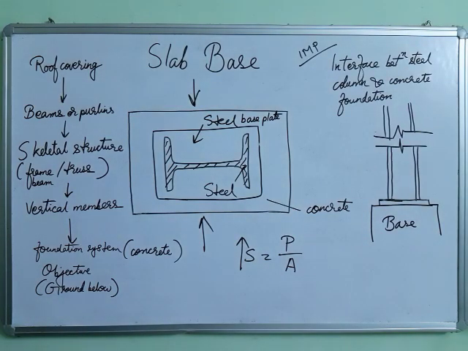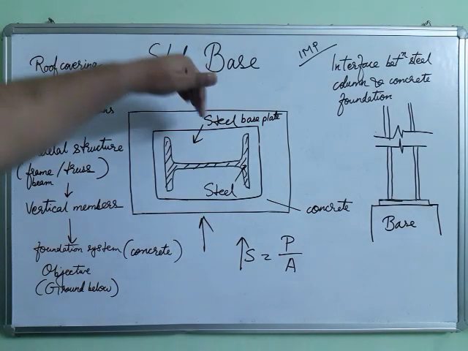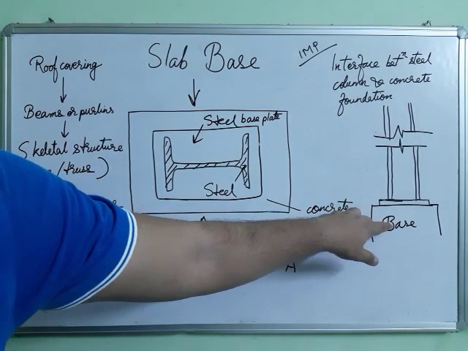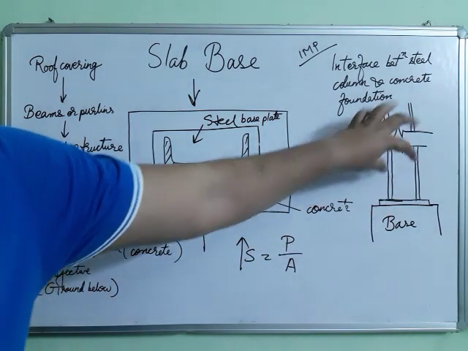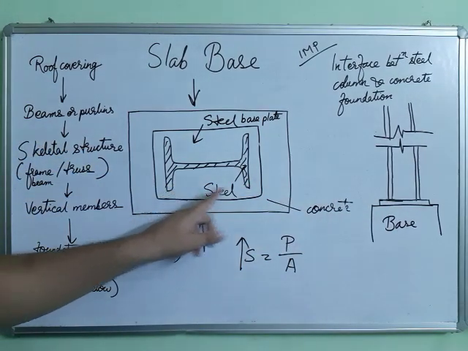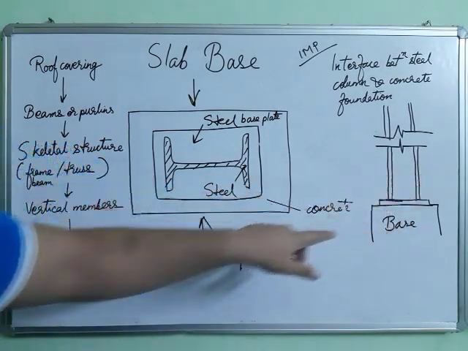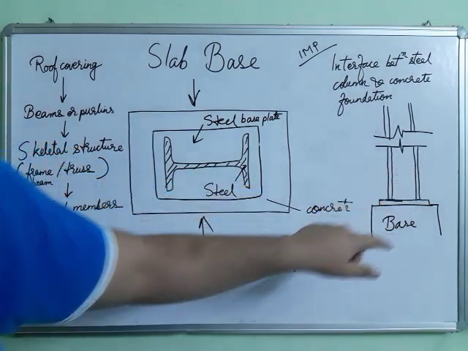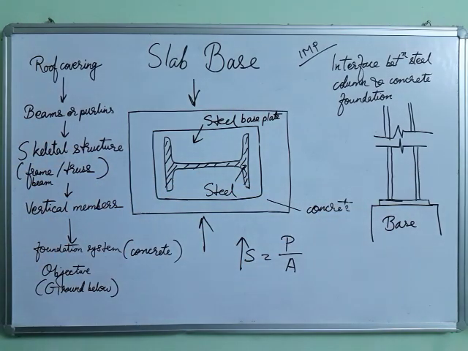So it will look like this, isn't it? If you're looking from this side or this side, this is the concrete base, this is the base plate, and this is the column, I section. These are the flanges. This flange will be this one and this one. This is the web. So that will be the view that you will get.